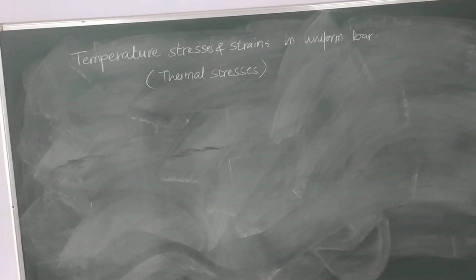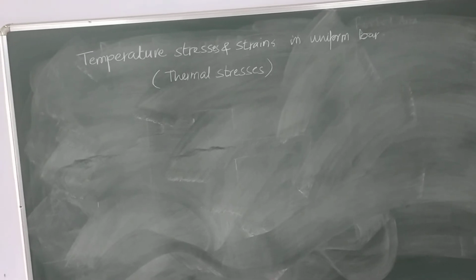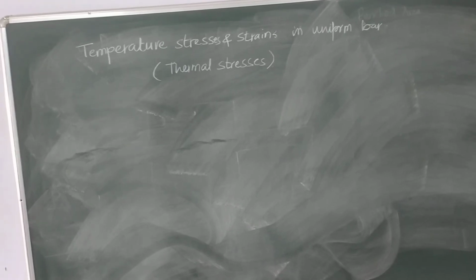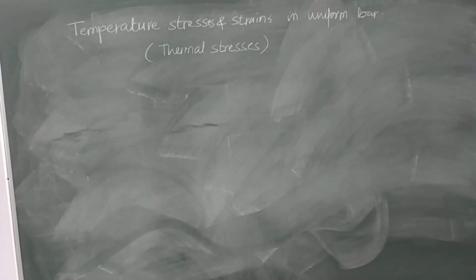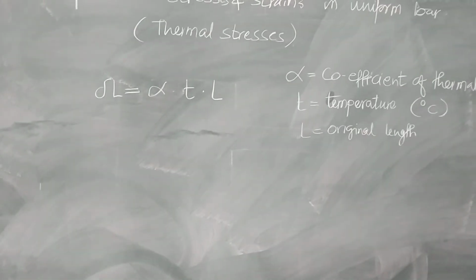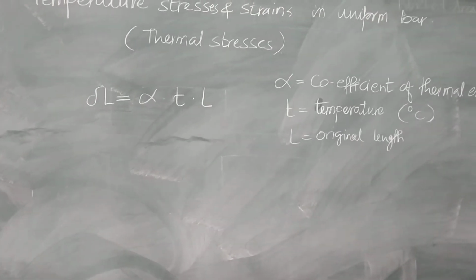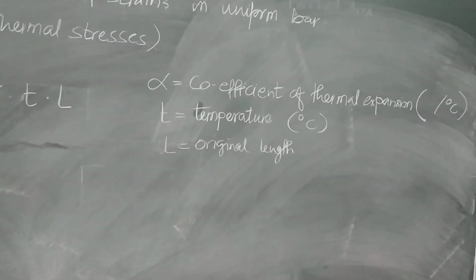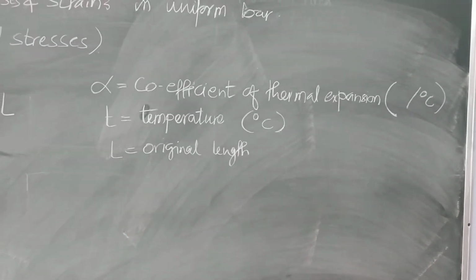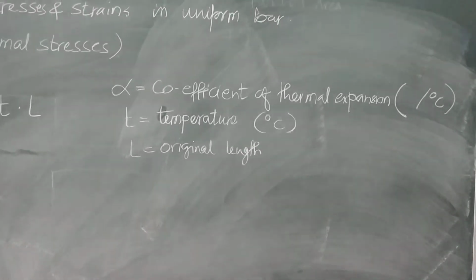The increase in length due to increase in temperature when the body is free to expand will be given by the formula delta L is equal to alpha into T into L, where alpha is coefficient of thermal expansion expressed in per degree centigrade, and T is change in temperature. How change in temperature?